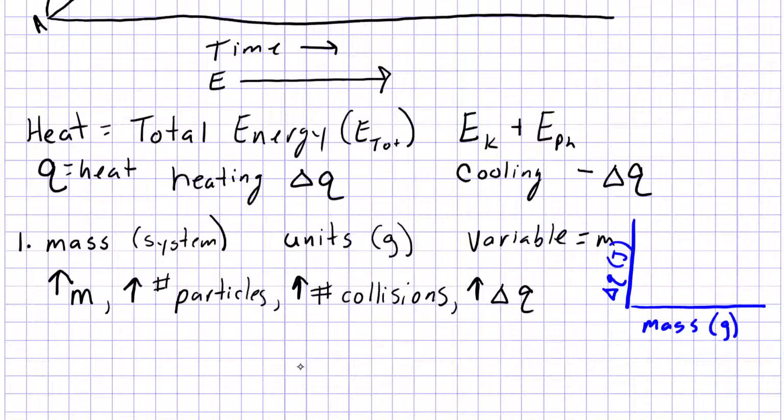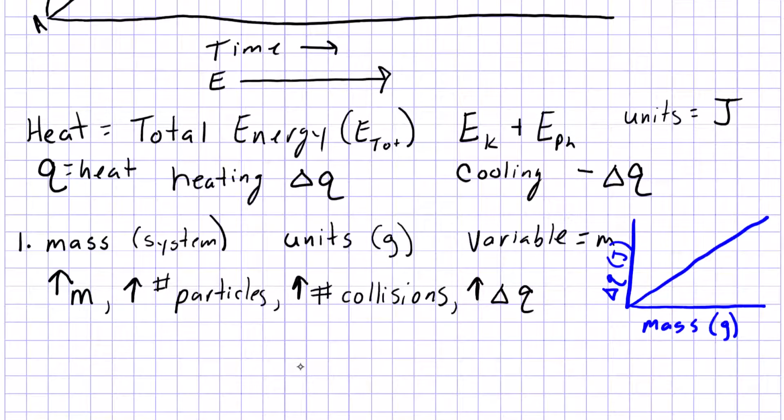So energy is measured in joules, which means I can go ahead and add what our units are for Q. So my variable for Q, the units are going to be the joule, okay? And as my mass increases, I'm going to have an increase in my amount of energy, okay?